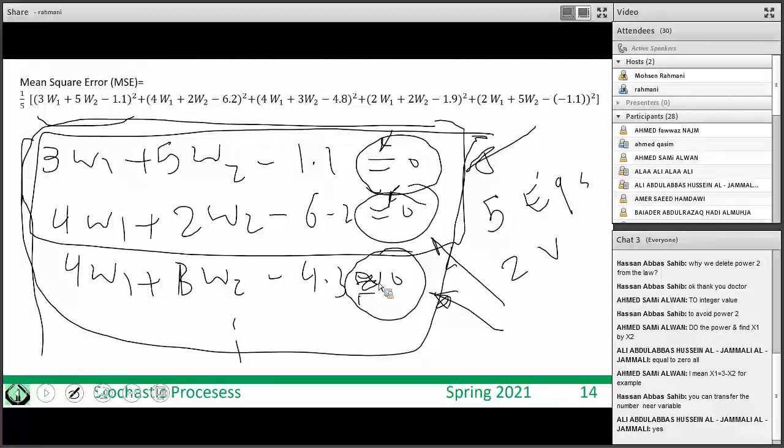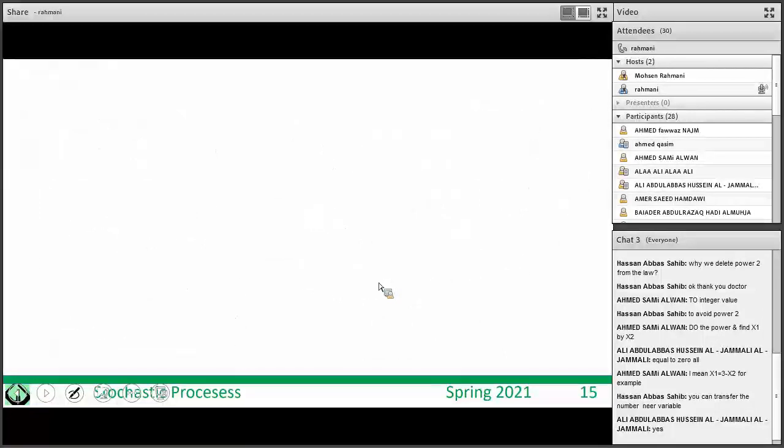In order to solve this problem, we have some solutions. One of the most famous is to take the derivative of this formula.